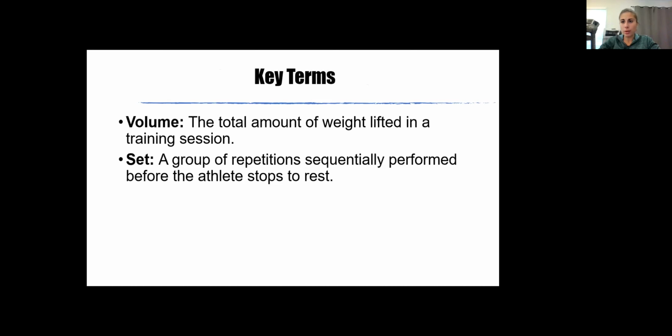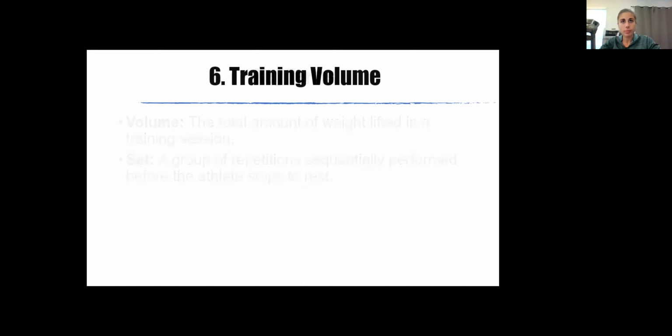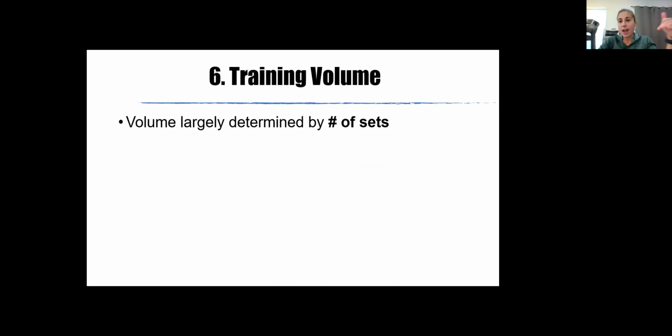So I hope we understand those definitions, and sets we've talked about already, so hopefully you're familiar with what that means. So when we look at volume, volume is largely determined by number of sets. So if I were to want to increase volume for a client, if I increase the reps from 10 to 15, but I kept the sets the same, that's not going to increase my volume a lot.